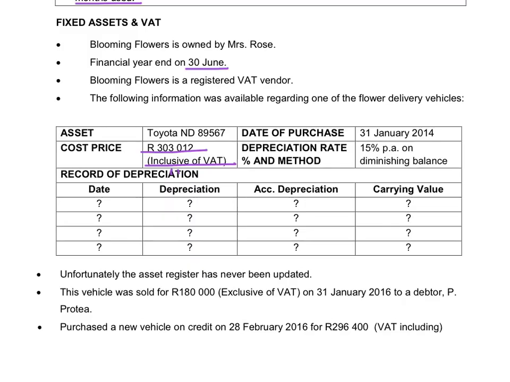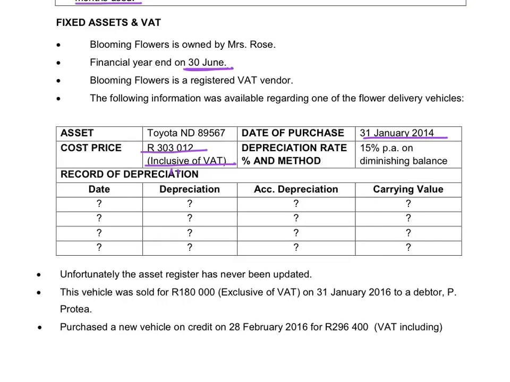The next calculation that we will have to do is to determine the depreciation on this asset. Now, we purchased this asset on the 31st of January 2014. Remember that the end of the financial year is 30 June. So you don't work out the depreciation on the birthday of the asset. You work it out at the end of the financial year.